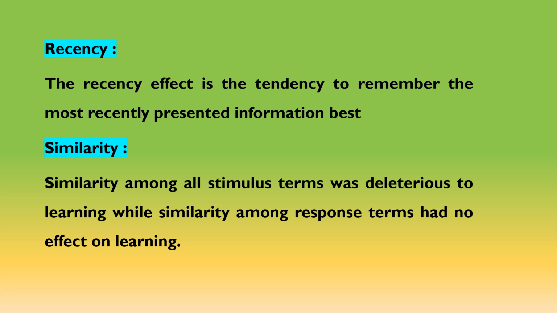Why? Because of the interpair generalization. Then the similarity between the stimulus and the response term will make the association between them difficult. So, the similarity will make it difficult to learn things.